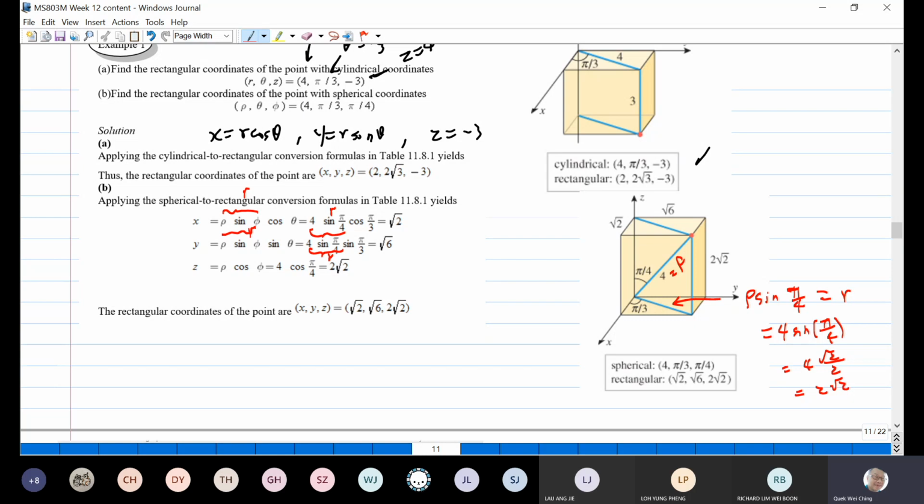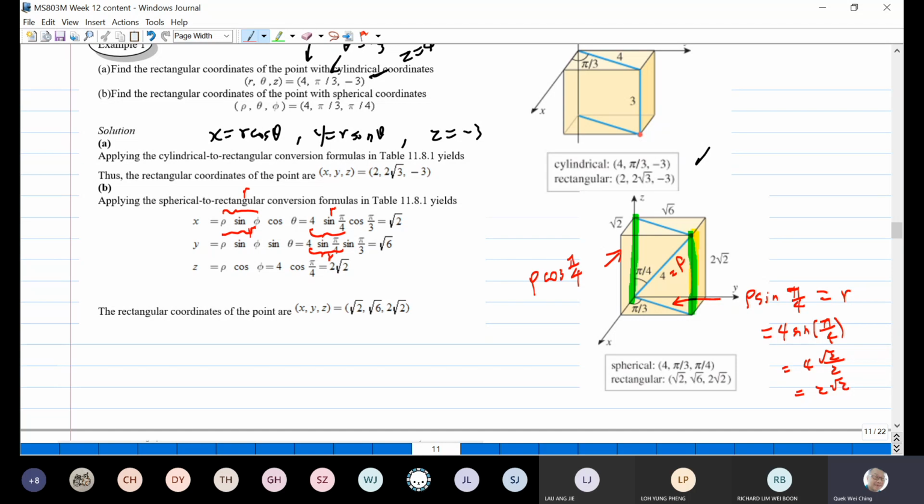Then how about z? z is this distance here, which is also this distance here, and this distance is actually rho cosine pi over 4.